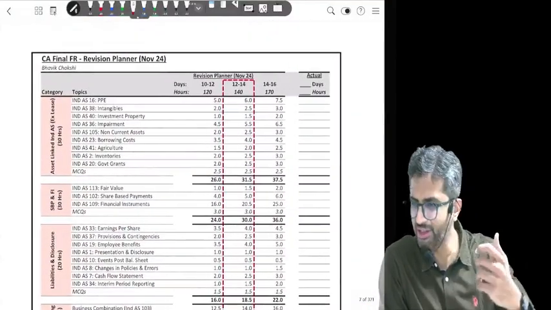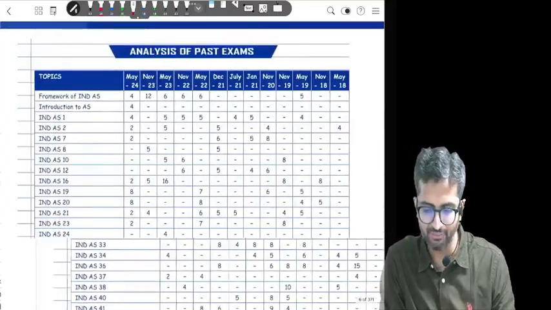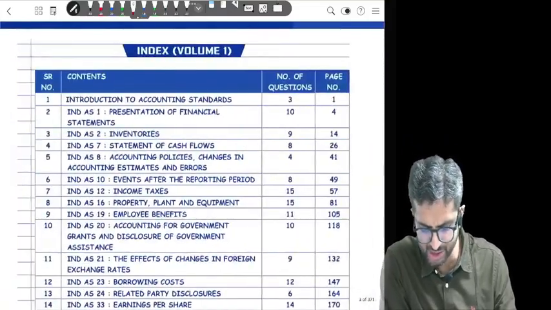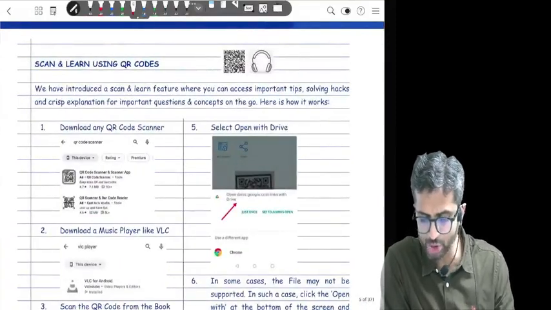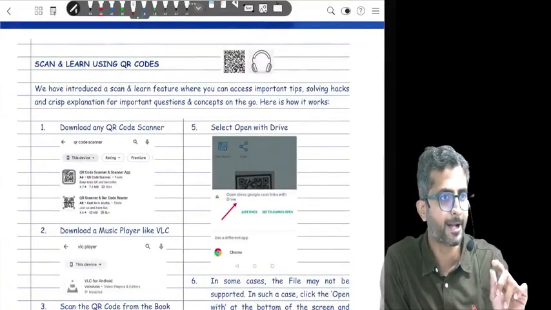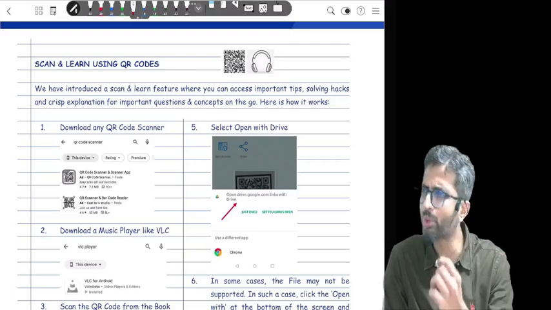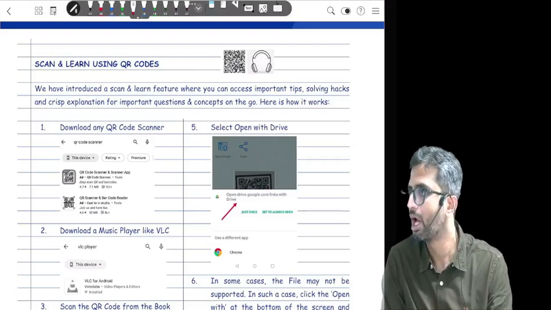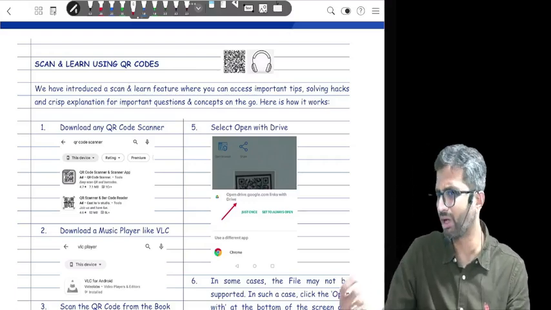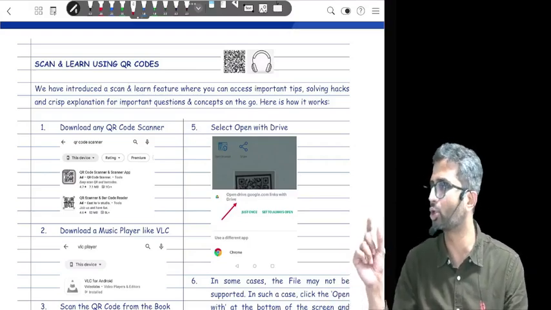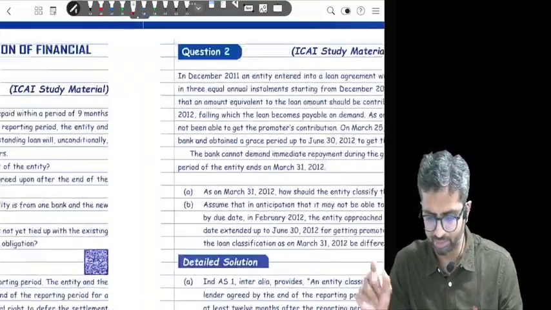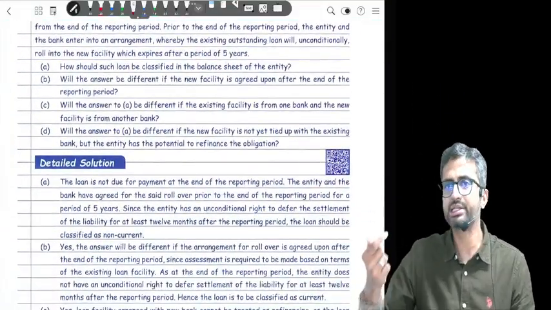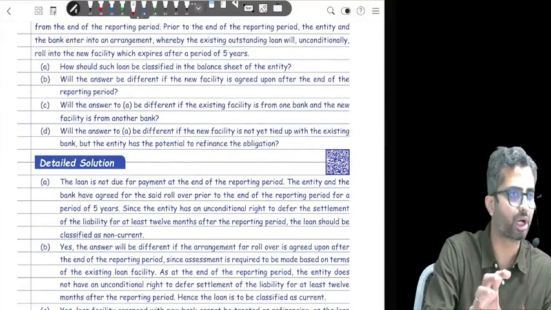so over here at the start of your book, you will have a few things. You will have the past coverage. Across your books, there will be QR codes. Most of the questions will have them. So you can scan them and they will be linked to an audio note. This is a quick discussion about the question.